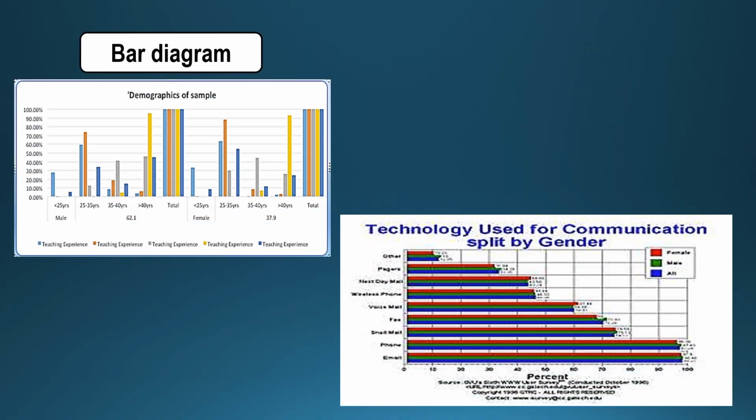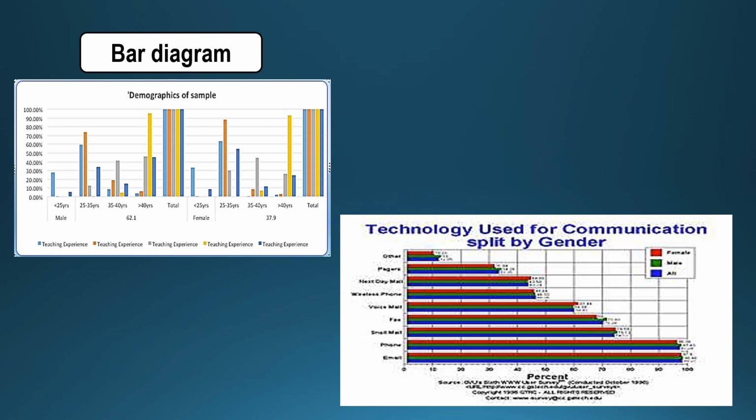One can draw a column diagram or a bar diagram to represent the data. For example, if you are interested in the characteristics of the sample selected for a study and you have included male, female with varied years of experience or age, then you can think of converting the data into a bar diagram.